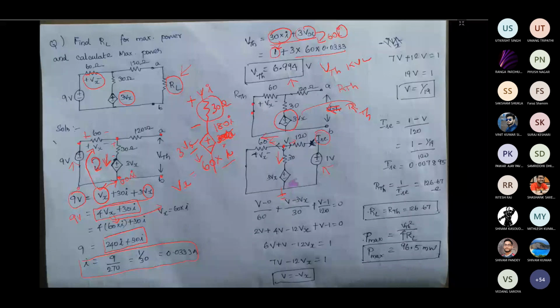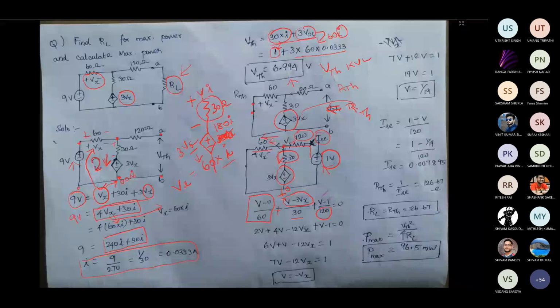Vx minus 0 divided by 60 plus, this is the first path, Vx minus 0 divided by 60 plus V minus 3Vx. This is the voltage source. So V minus 3Vx divided by 30 ohm, that is available in this path. Then V minus 1, that is this volt, divided by this 120 ohm. So that is given here. So sum of currents is equal to 0. So that is written here.